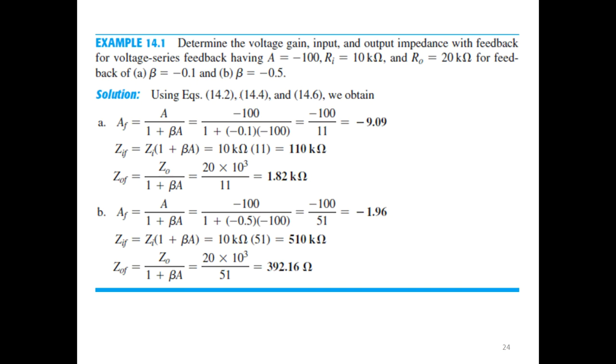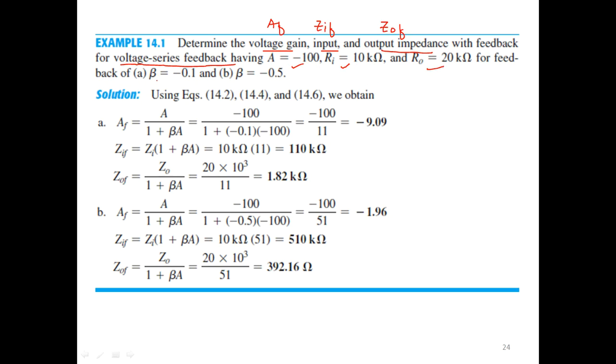Then we have a numerical problem, which I hope is based on voltage series. Yes, it is based on voltage series feedback. You have been asked to determine the voltage gain, input and output impedance. The voltage gain with feedback is AF, the input impedance is ZIF, the output impedance is ZOF with feedback, wherein the normal gain without feedback is -100, the input resistance is 10 kilo ohms, and output resistance is 20 kilo ohms.